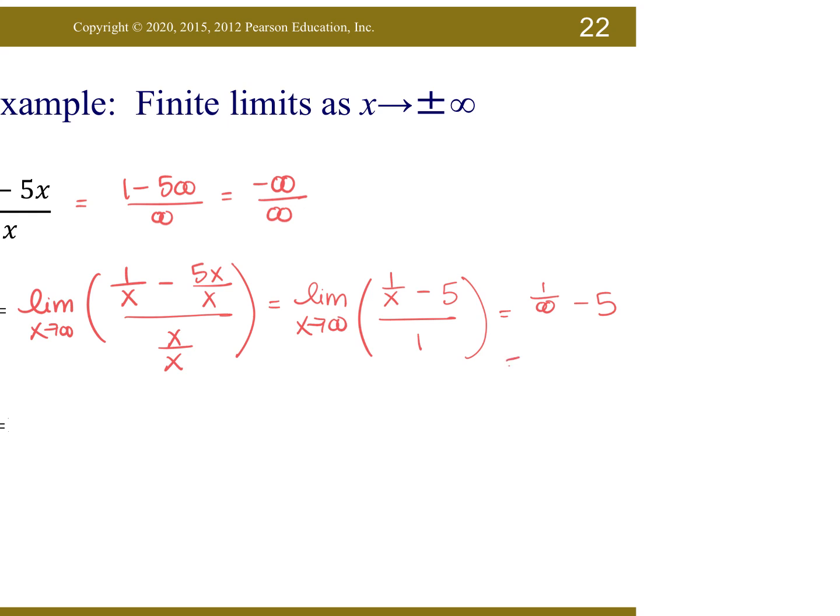That is 0 plus minus 5, which is negative 5 plus. So I plugged in infinity, and I got a constant. That means I have a horizontal asymptote, and I'm coming above the horizontal asymptote. It's on a plus, so I'm coming from above and landing on that horizontal asymptote.